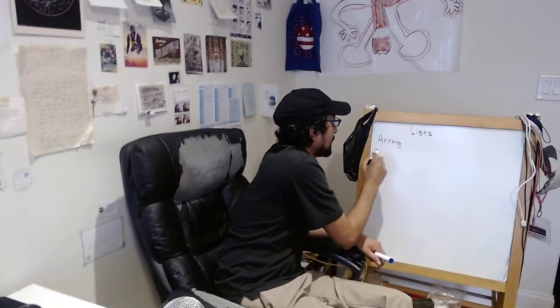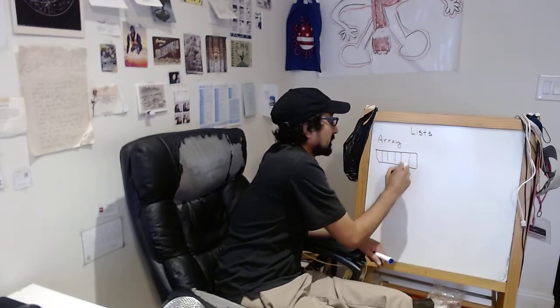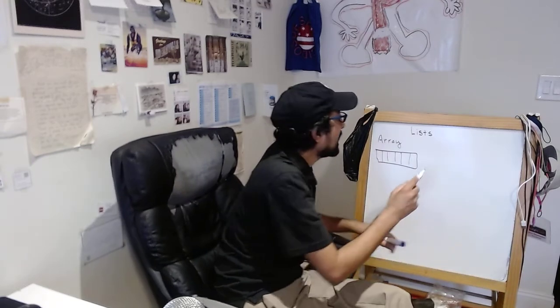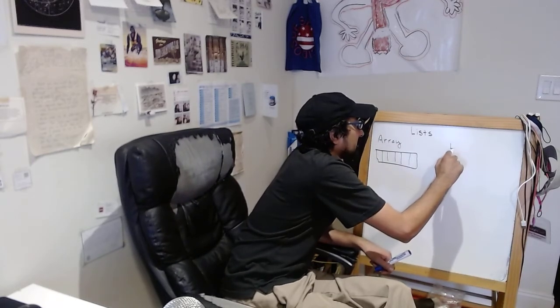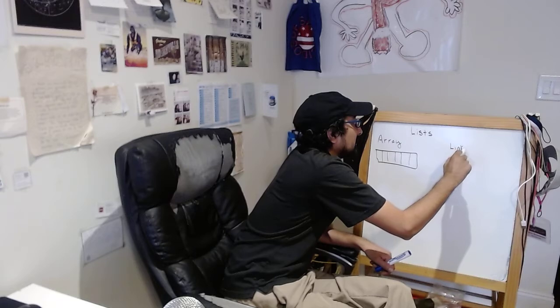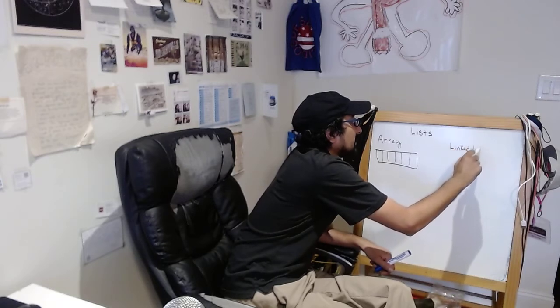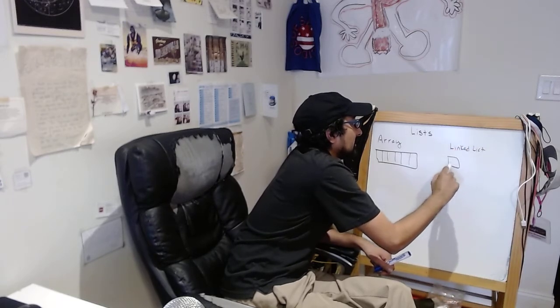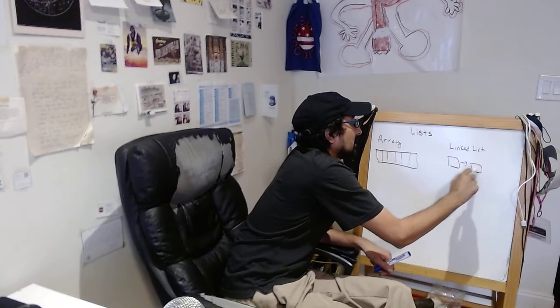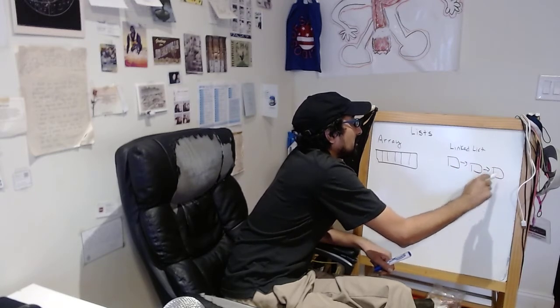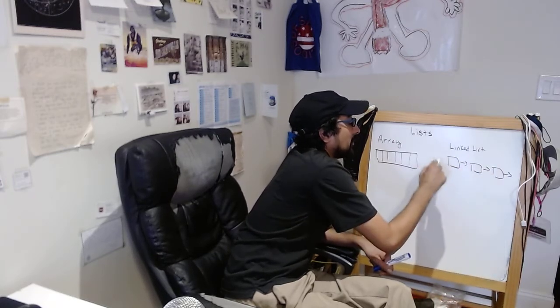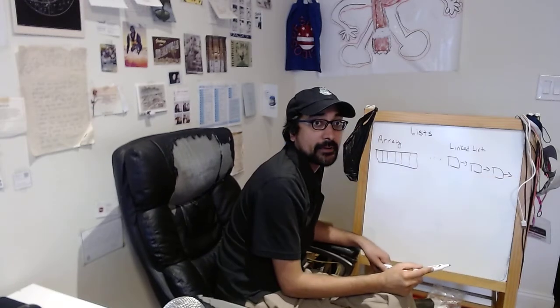An array is this situation. And now we have this idea of a linked list. A linked list is a train car of nodes. And we don't know what happens here or here.